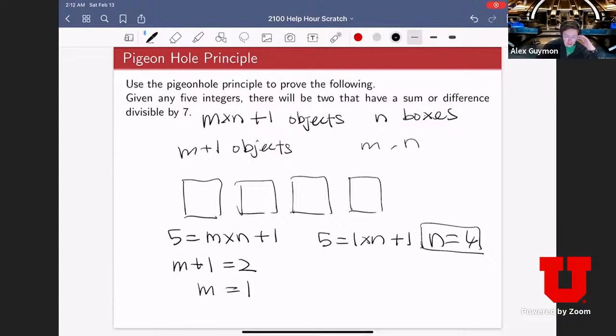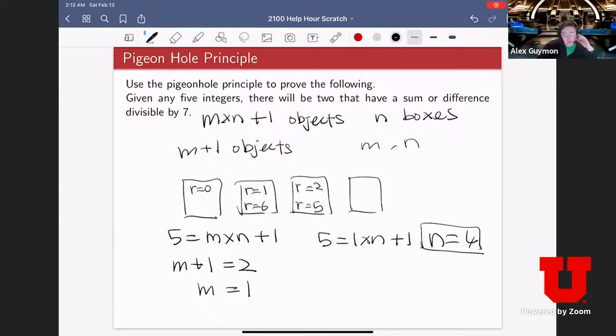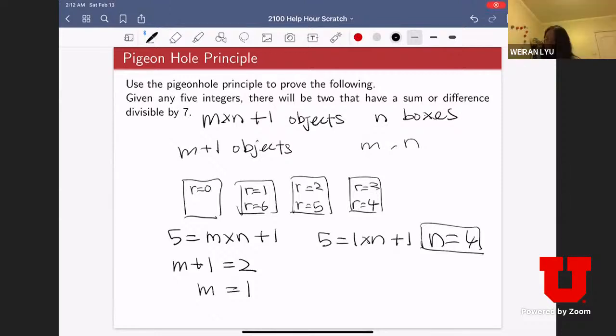So I have my boxes, one of which is r equals 0, r is equal to 1 or 6, r is equal to 2 or 5, and r is equal to 3 or 4. Yep, that's perfectly how you're going to do it.